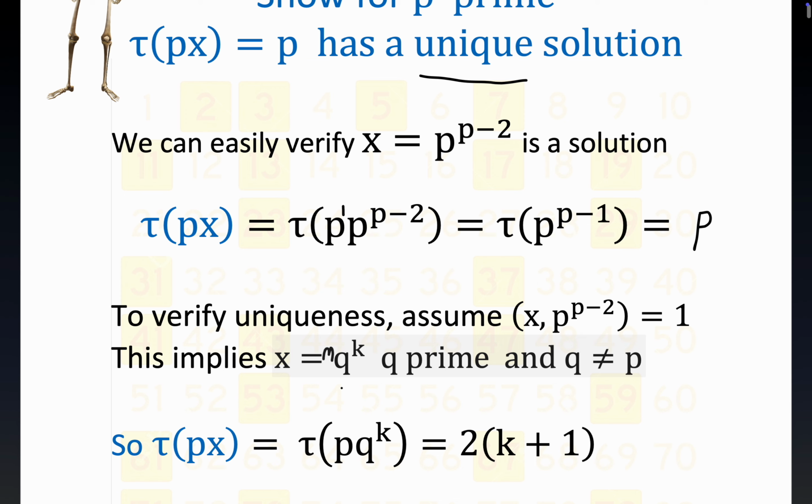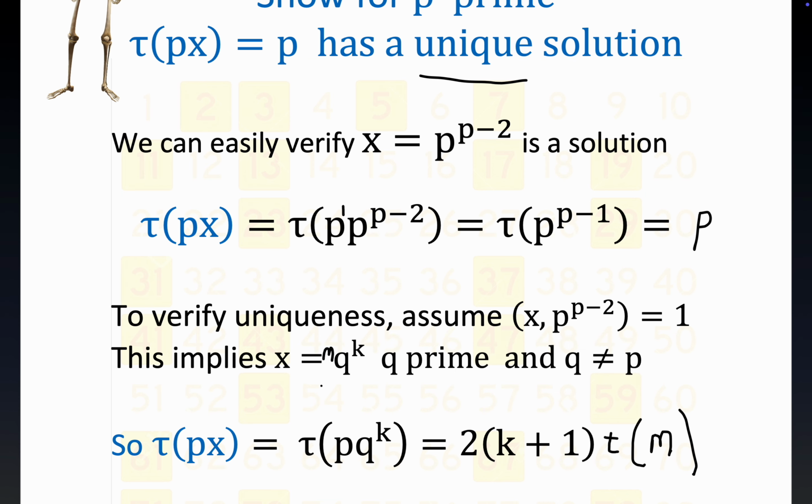So what we would get right here is, and let me write this out a little more precisely, I forgot about that when I was doing this, times tau of m. Of course, I'd be assuming that m is relatively prime to q.